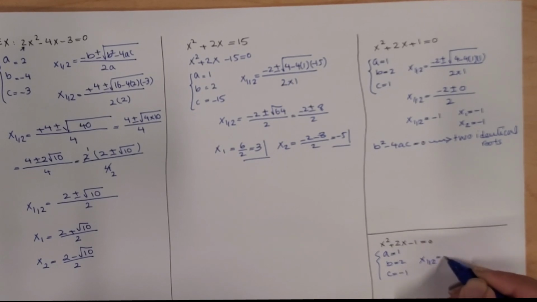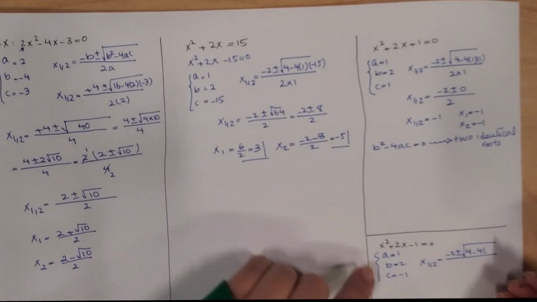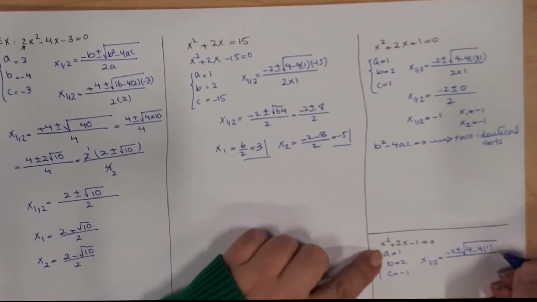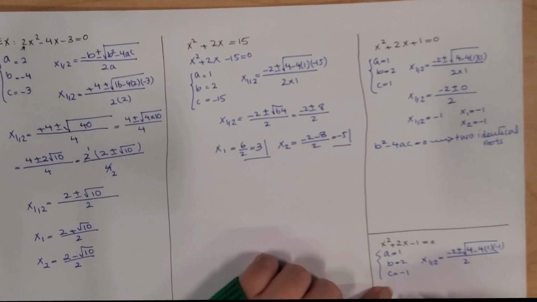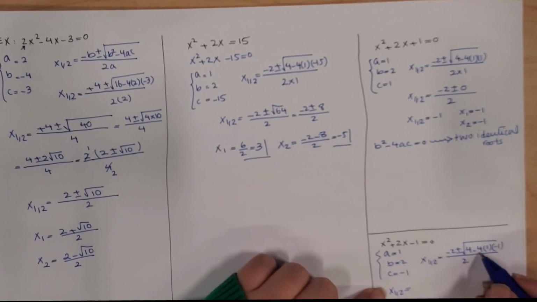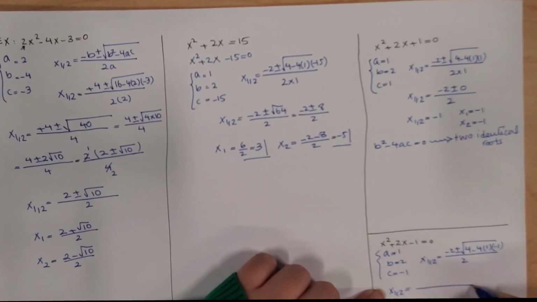Let's substitute it in the formula, and then under the radical, it would be 4 minus 4 times a times -1, over 2 times a. So here you would see that under the radical, it's positive. So we expect two different answers.